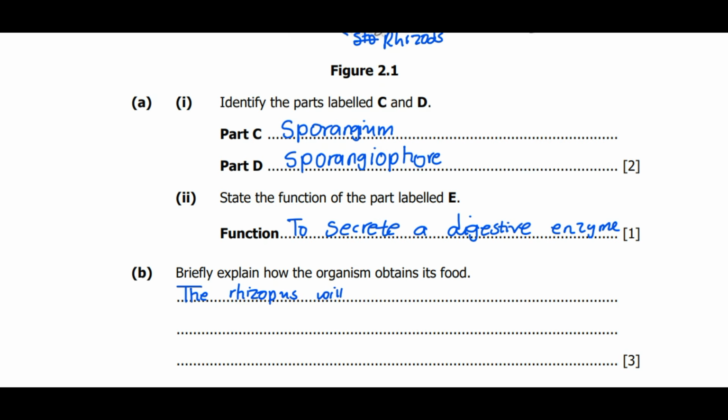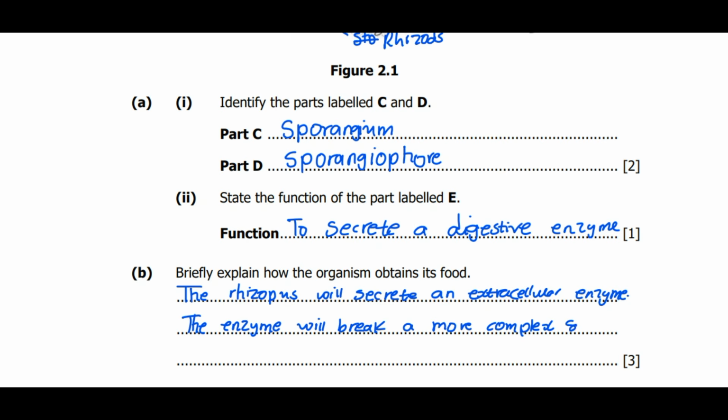will secrete an extracellular enzyme. The enzyme will break a more complex substrate into simpler ones.